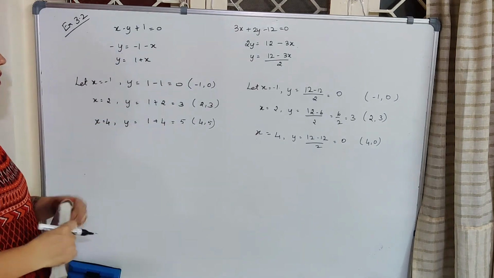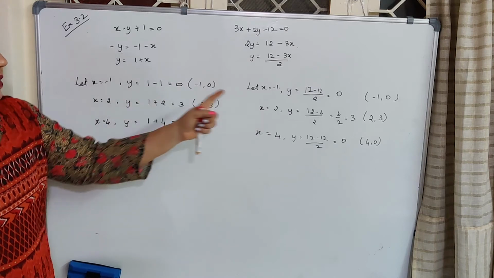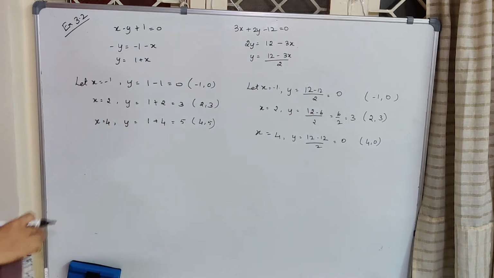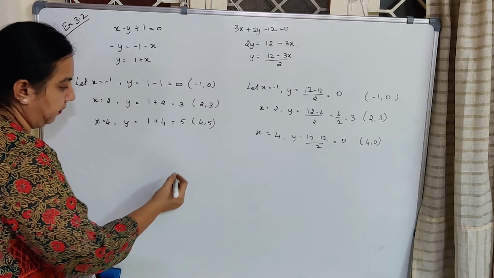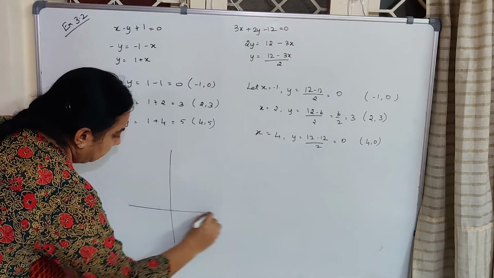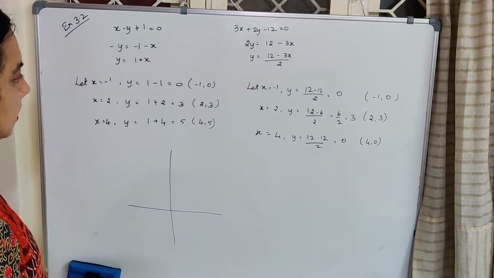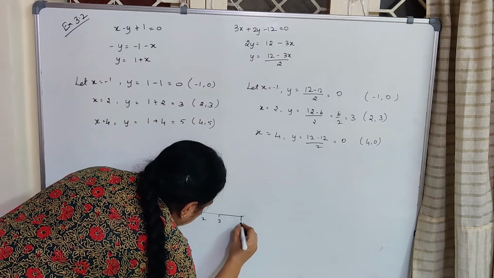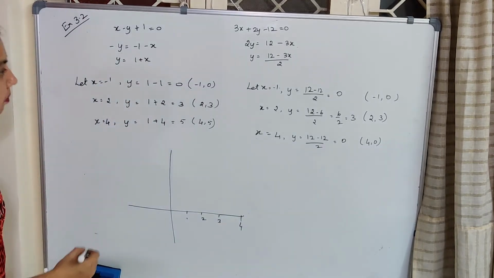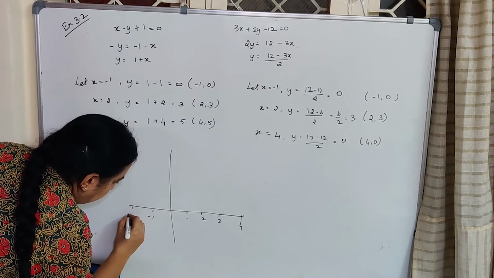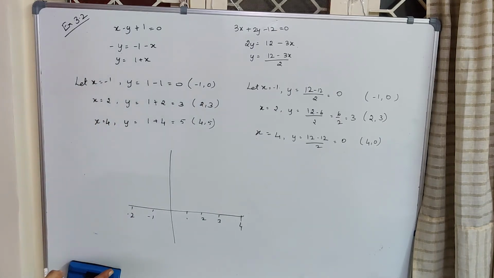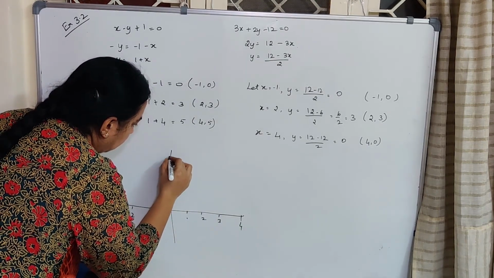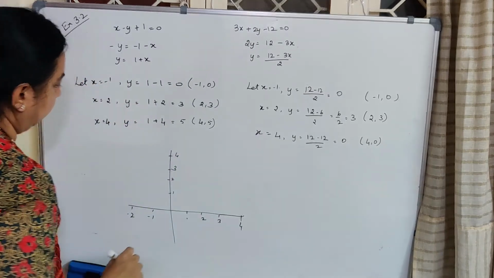So I have written both the equations. I have found the points also, and both the equations give points like this. When I plot the points on a graph, let me draw the graph now. I get up to 4 here: 1, 2, 3 and 4, and minus values there.